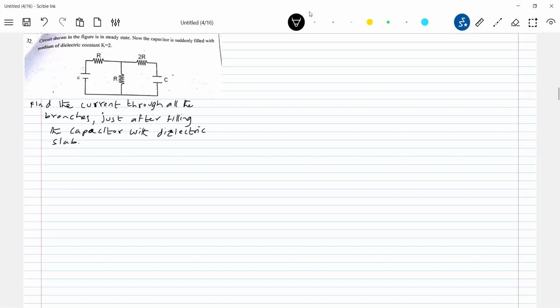So what is a dielectric slab? K equal to 2. When you suddenly fill up, what happens? The capacitance will increase by 2 times. It is asking for an expression for current in terms of the known things, E and R. So the initial conditions are like this. This is a resistance.